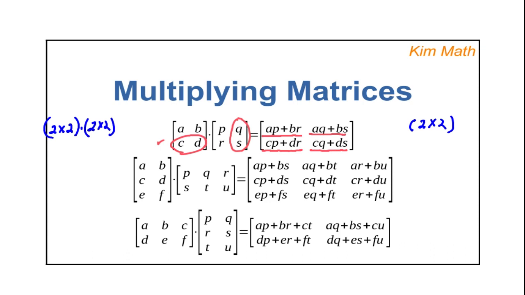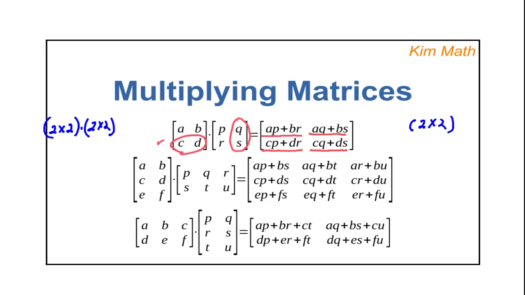This definition at first can be a little bit confusing. But if you practice a little bit more, you can see that it is not so terrible. Okay, one more thing.